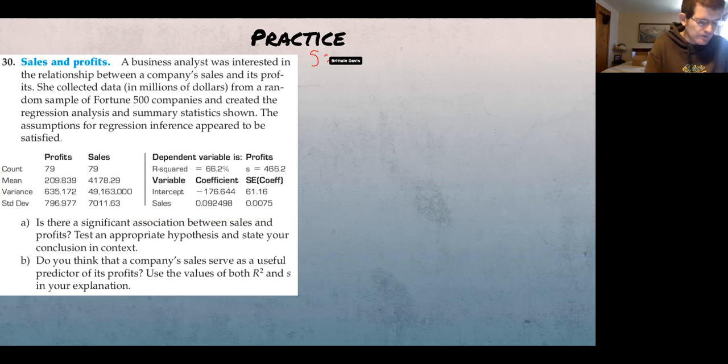State here is that we want to figure out what our null and alternative hypotheses are going to be. Well, we already know that the null hypothesis is that the true population slope is 0. But our alternative is that, well, what do we want to do? Does it say specifically that we're testing that we have a positive slope or a negative slope?